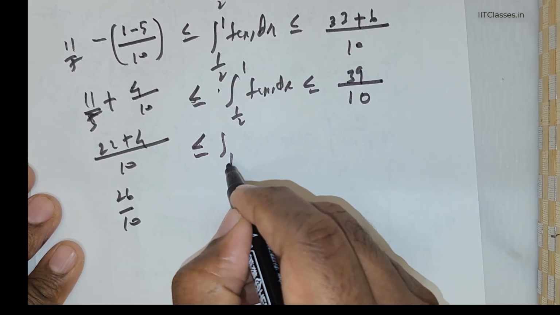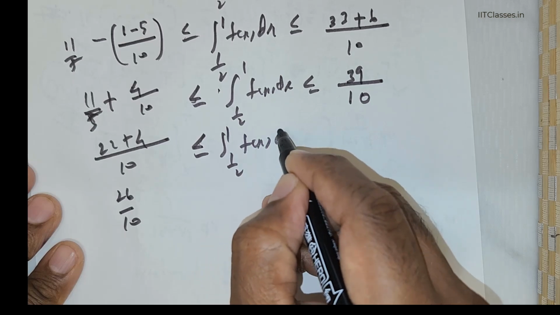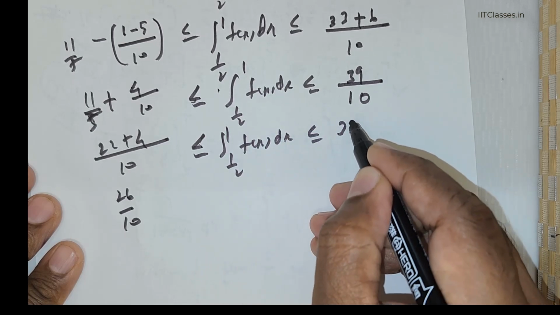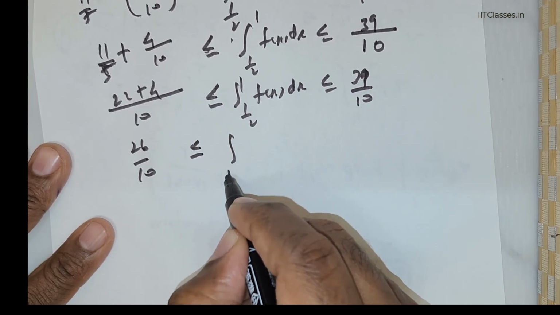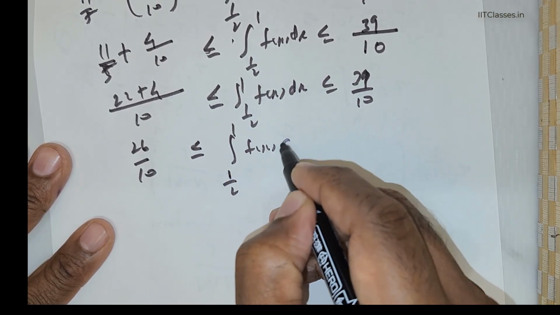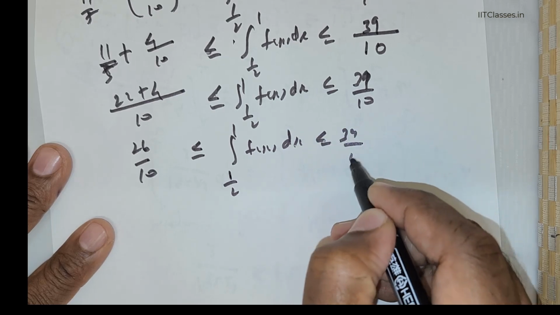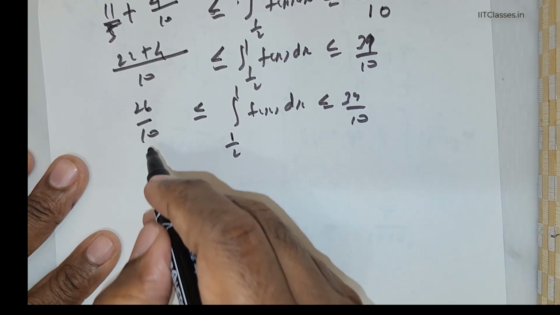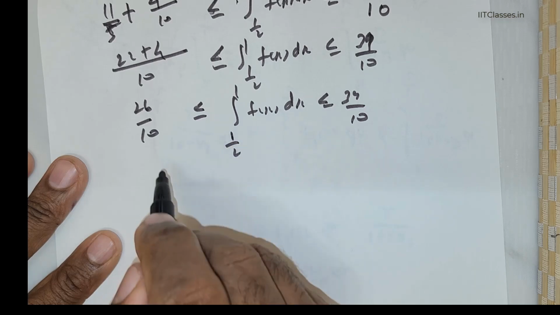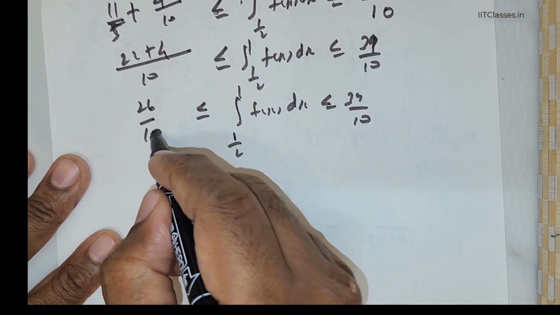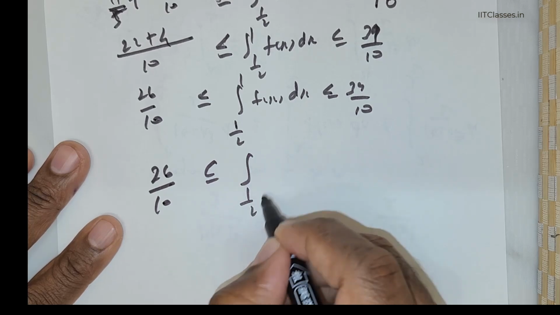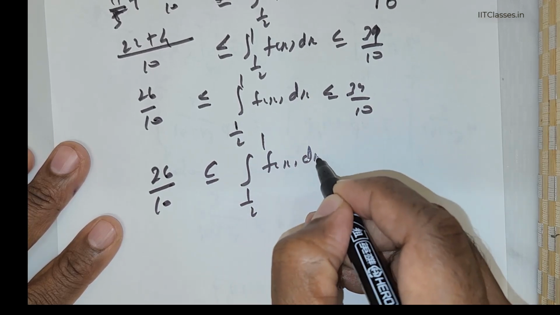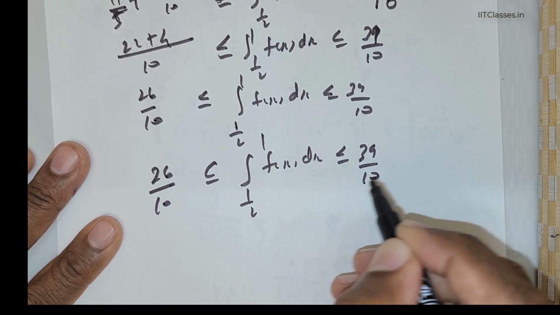Just for sake of consistency, I am writing these terms. So what do we have here? We have 26 over 10 less than or equal to integral from 1/2 to 1 of f(x) dx, less than or equal to 39 over 10. So what is this?